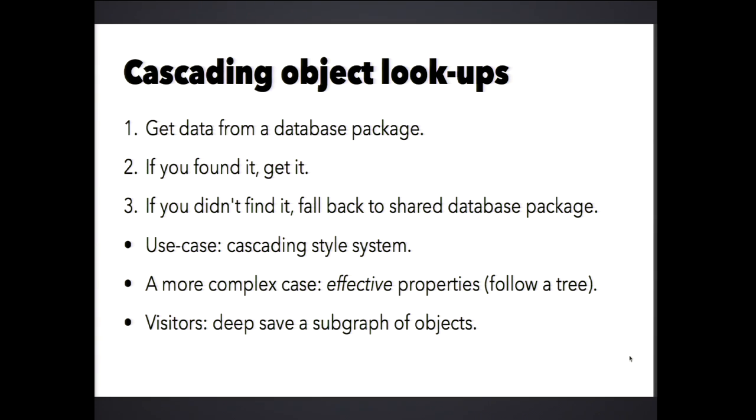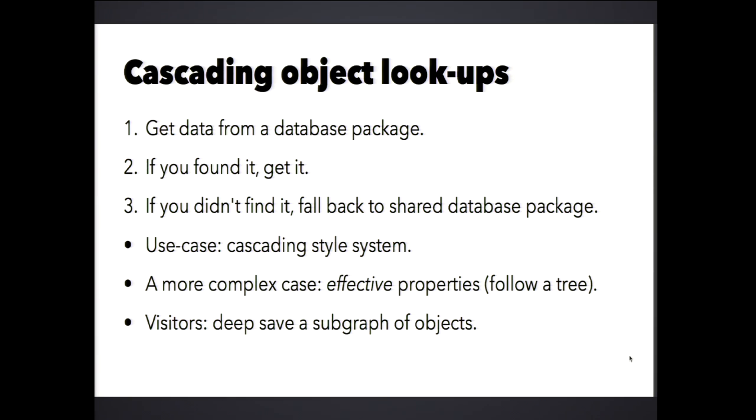Right. Another thing that may be useful for other kinds of applications, not just ours, is this idea of cascading object lookups. I mentioned earlier that we've got file-specific databases. Let's say each of my manuscripts will have some databases, and then there's some shared data between all of them. Now let's suppose I want to find an object by a certain key, say my default paragraph style.